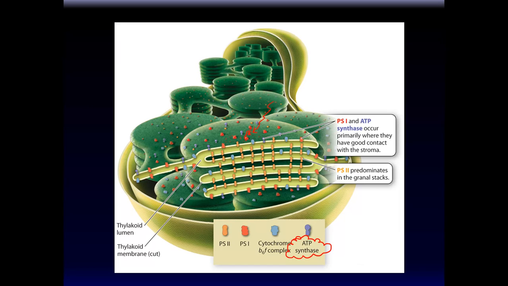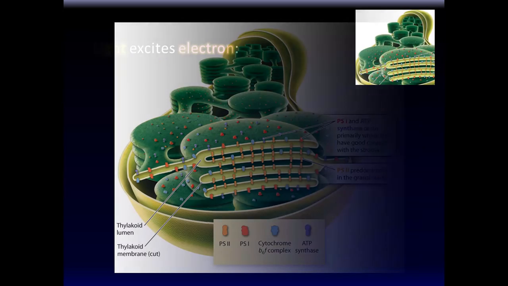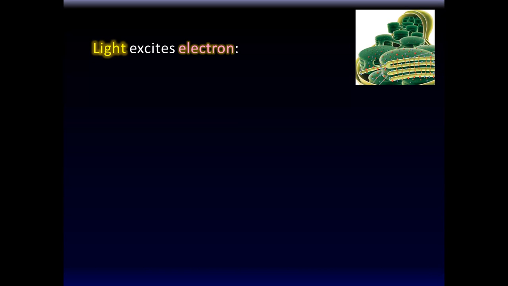So the thylakoid membrane is studded with chlorophyll molecules, of course, that trap light energy, plus a lot of protein complexes that use that high energy electron to carry out the processes of photosynthesis. So this is where all the action is.